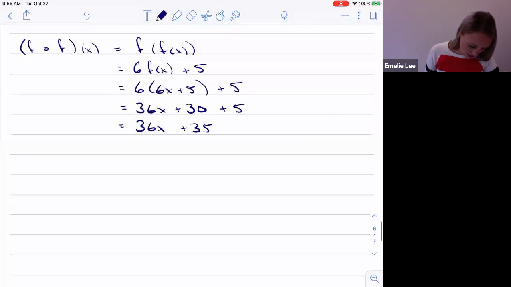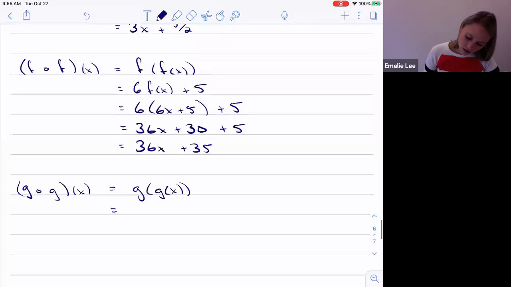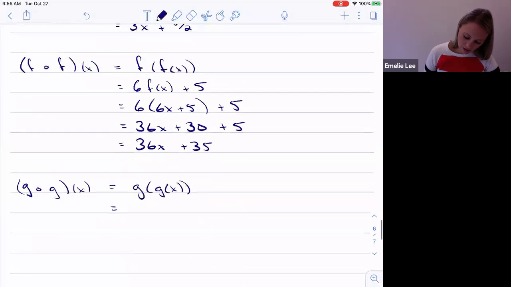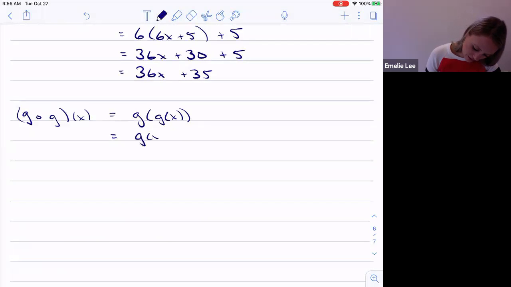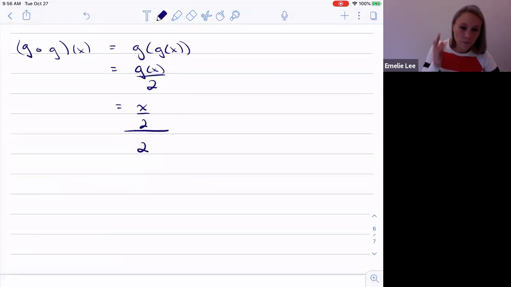Now, for the last one, g composed with g of x is g of g of x. G of x is x over 2. So I have g of x divided by 2. G of x is x over 2, divided by 2.